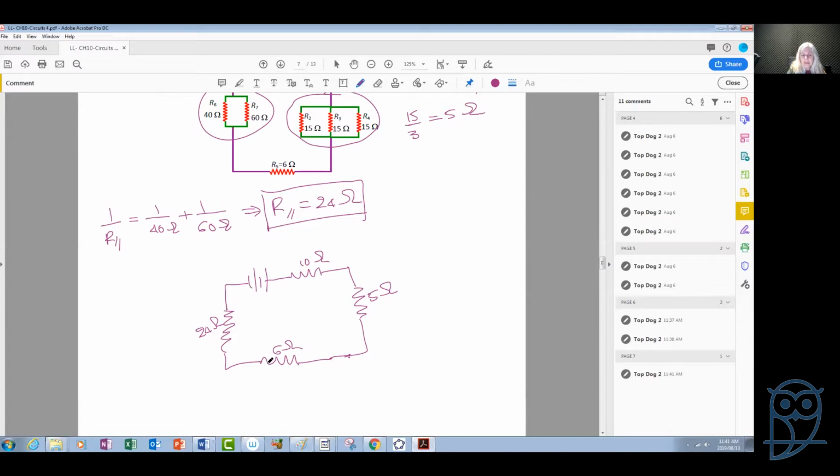So now all of these 4 resistors are in series, so their equivalent will be equal to, let's do the battery here, the equivalent resistance of all these series resistors: 24 plus 6, 30, plus 5, 35, and 10, 45. So this is 45 ohms.